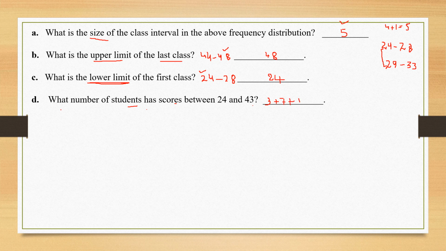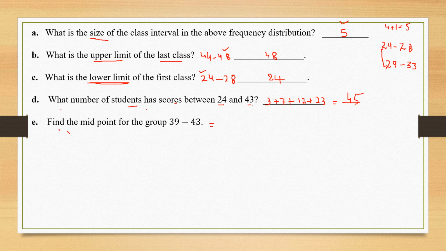The third group we have 12, and the fourth group we have 23. So from 24 to 43, in total we have 45 numbers.